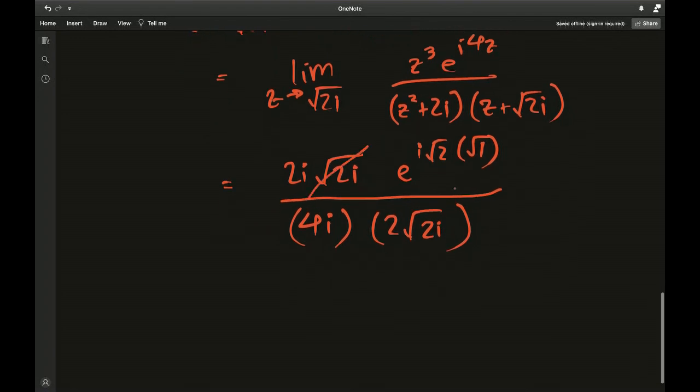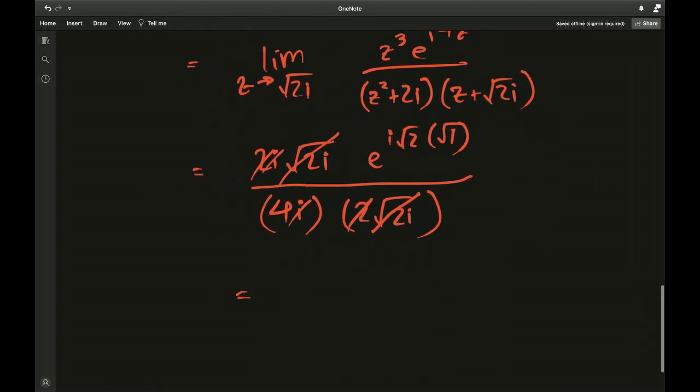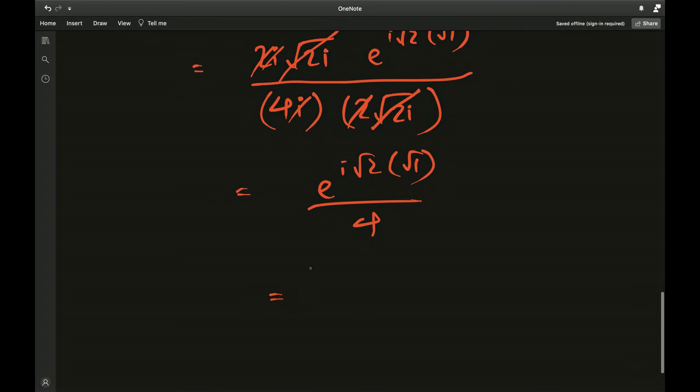This cancels out with that. 2 cancels out with stuff in the denominator. The i can also be cancelled out. We just have e to the i square root 2 square root i over 4, which can be expressed as, again, square root of i is 1 over root 2 times 1 plus i.